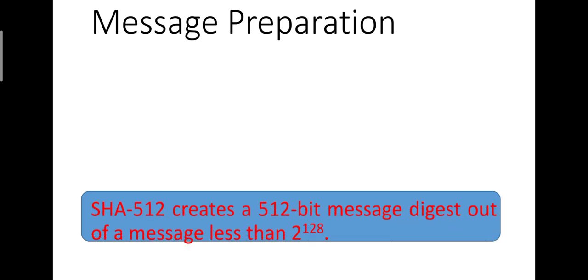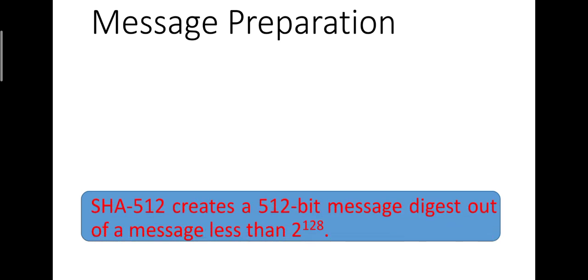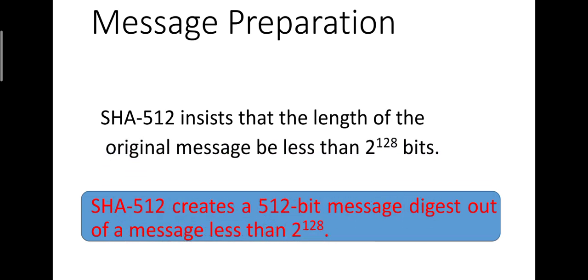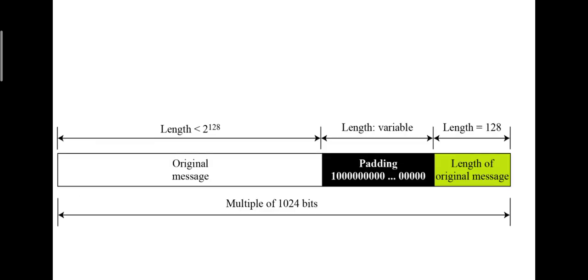Message preparation. SHA 512 creates a 512-bit message digest out of a message of length less than 2 to the power of 128 bits. SHA 512 insists that the length of the original message be less than 2 to the power of 128 bits.